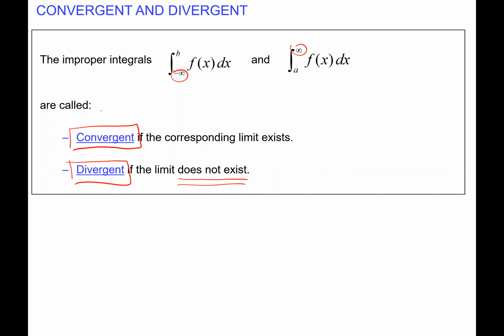This is probably the first time looking at or hearing this terminology, convergent and divergent, and we will use this a lot, especially in chapter 11, infinite sequences and series. But now we have improper integrals, and let's see, I have one more.